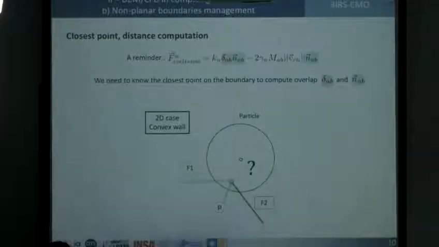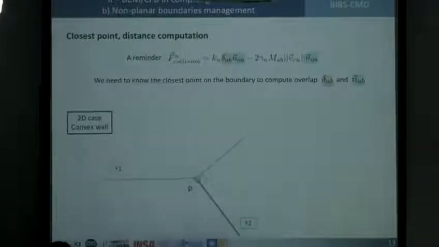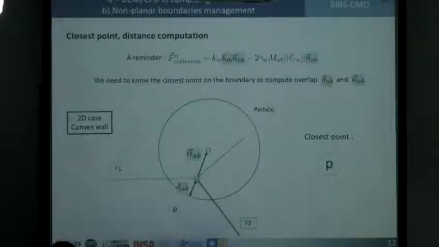The answer is that we need to know the particle's closest point on the wall. Here we can start by tracing the perpendiculars through each one of these faces. You can notice that if the particle center is in this zone, then the closest point of the particle on the wall is actually point P, and the numerical quantities that we need, the overlapping distance and the normal vector, can be defined as this.